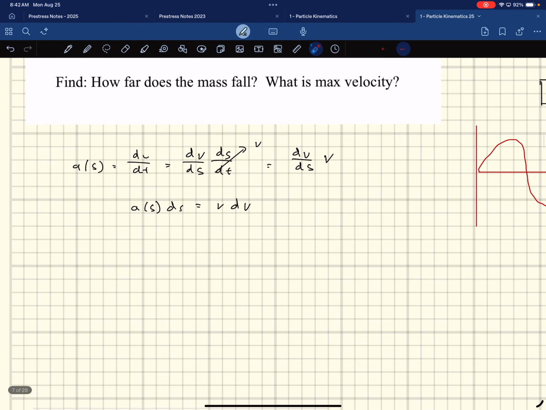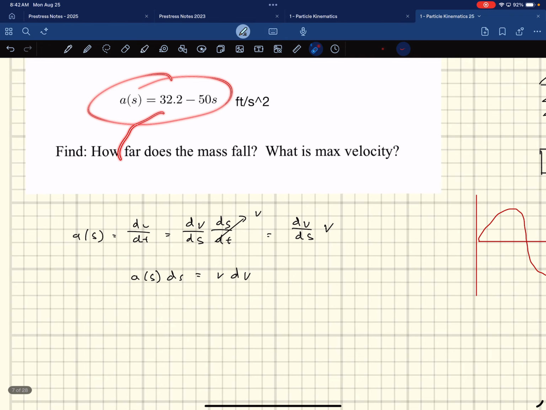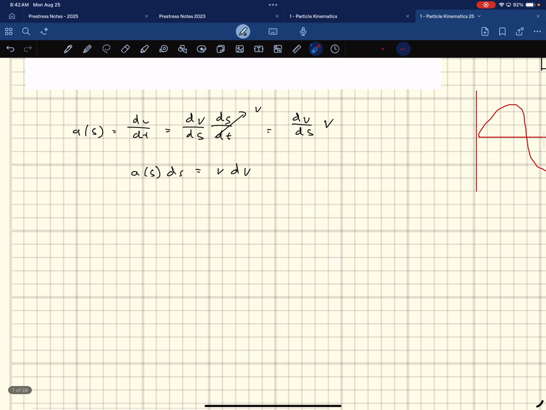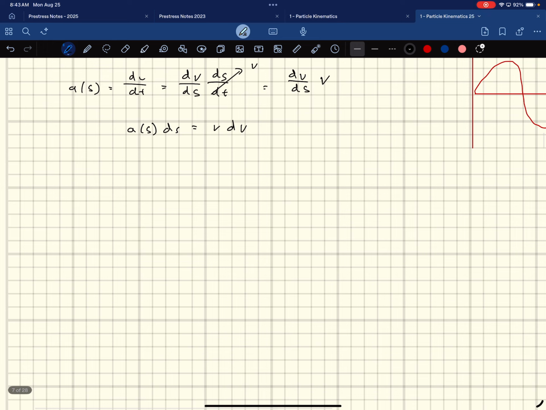So I take my a(s), which is right here, and put that whole thing where a(s) is. This is going to be (32.2 minus 50s) ds, and I'm going to integrate that from 0 position to another position, s, and that's equal to the integral of v dv, going from 0 velocity to v.